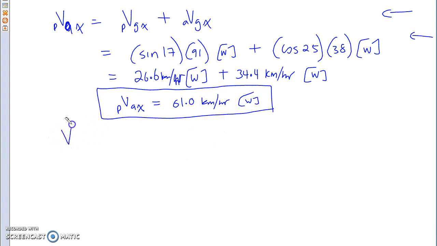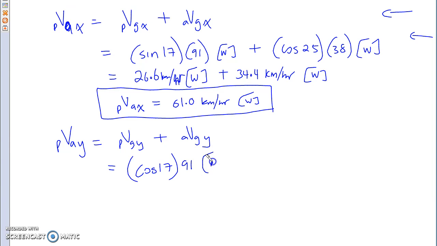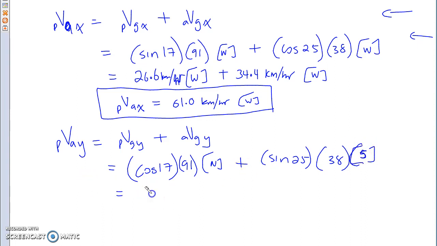All right, we're going to do the same thing again for the other component, Y, VPGY plus VAGY, and you get cos of 17 times 91, which is going north, plus sine of 25 times 38, which is going south, and you get 87 kilometers per hour going north, plus 16.1 kilometers per hour going south.